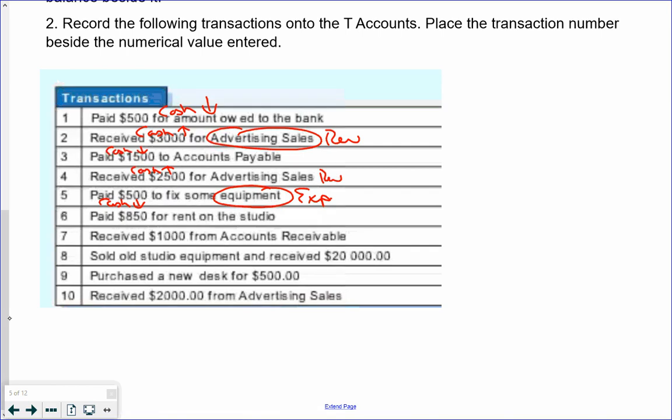Paid $850 for rent. Again, expense, cash is going to go down. So instead of going up and down, cash, I'm going to credit, rent expense, I'm going to debit.